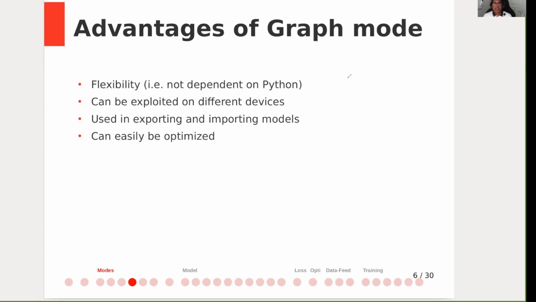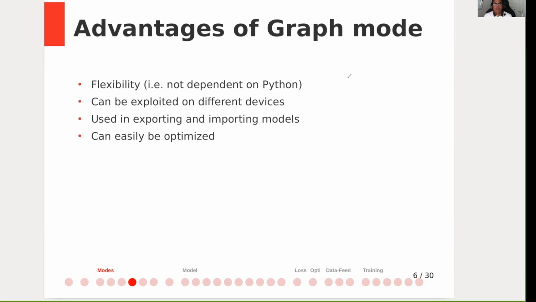That means that you can exploit the graph on different devices. Once you have created the graph, it can be used on, for example, different languages or platforms, etc. Therefore, it is used in exporting and importing models. You create the model on one platform and use it on another.